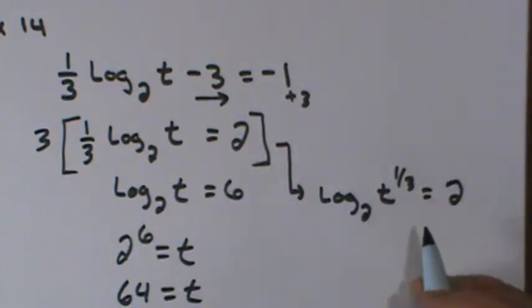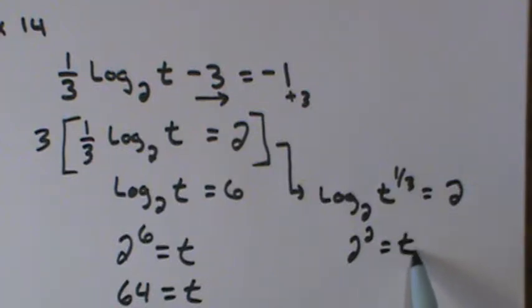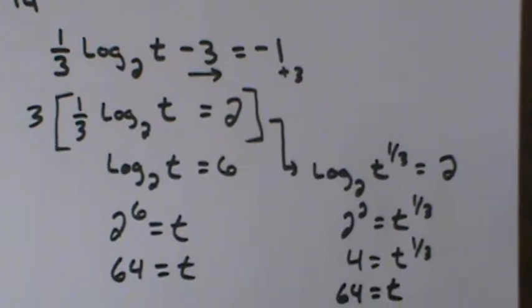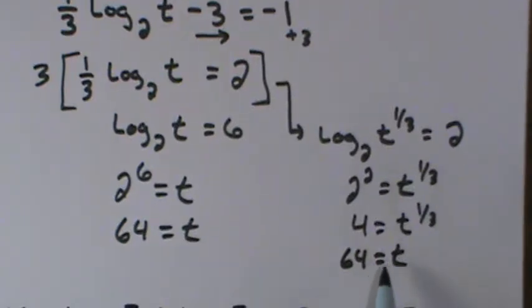Then I could say, if I go to my exponent form, 2 to the 2nd is equal to t to the 1/3. But that's going to be 4, because 2 squared is 4, equals t to the 1/3. And then I could cube both sides. And 4 times 4 is 16. 16 times 4 is 64. I'll get the same result regardless of how I solve that. And so then I showed 2 different ways to do the same problem there.